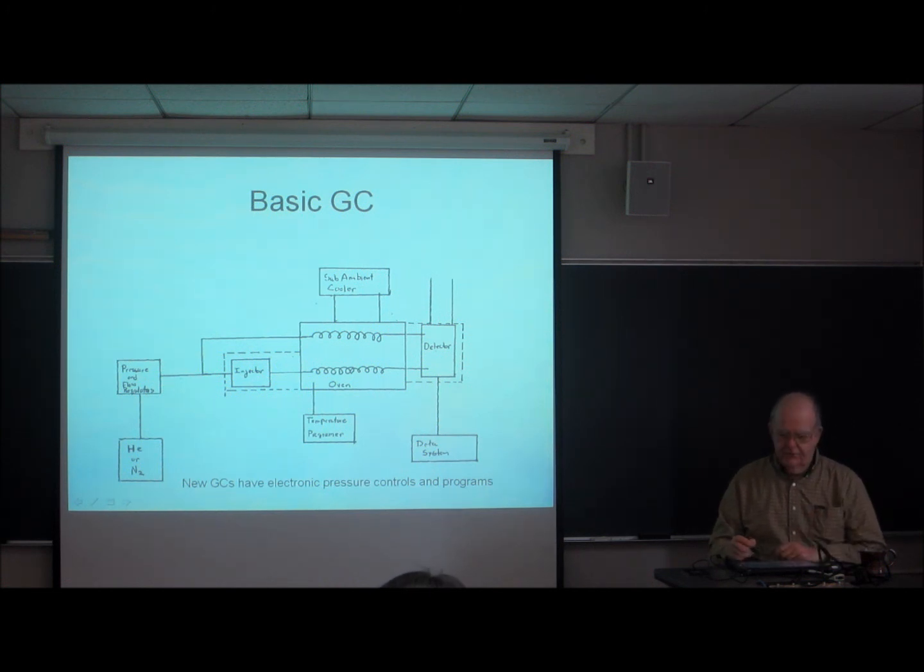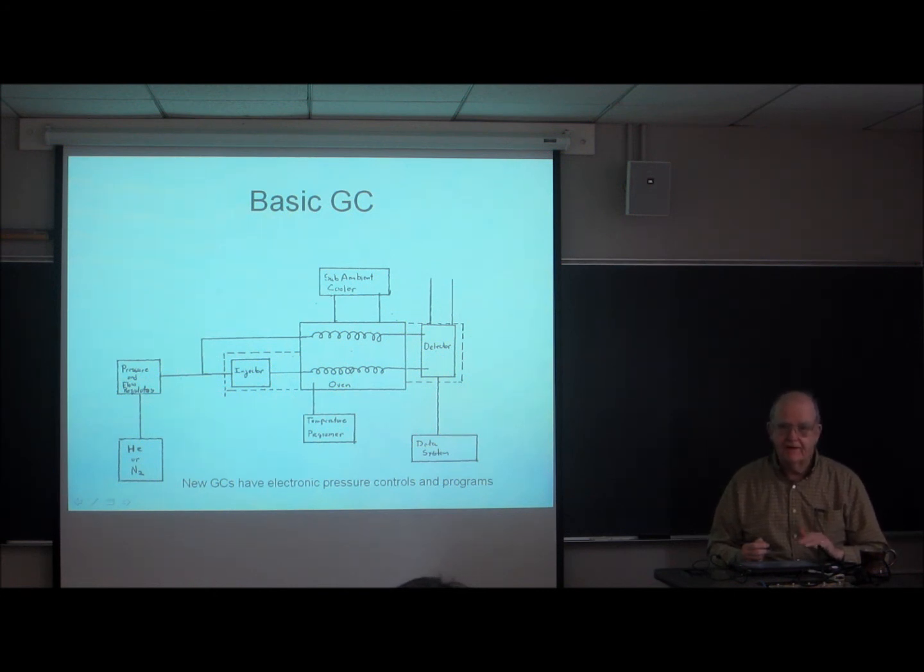system with dual detectors. The columns in GC are invariably placed in an oven because you've got to be able to adjust the temperature, and you've got to be able to hold the temperature pretty constant. You don't want the temperature wandering around by more than perhaps 0.2 degrees centigrade, something like that.